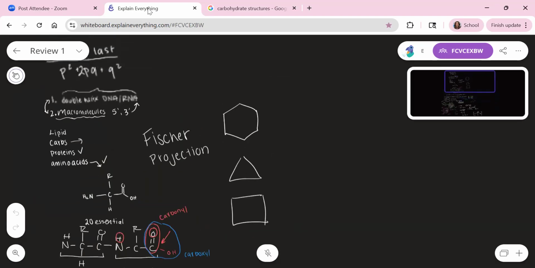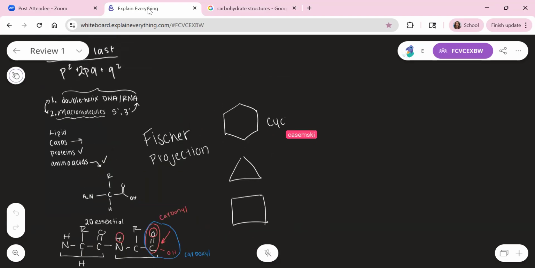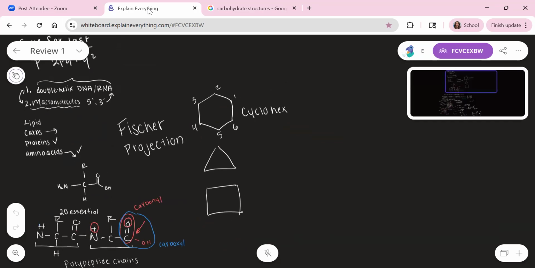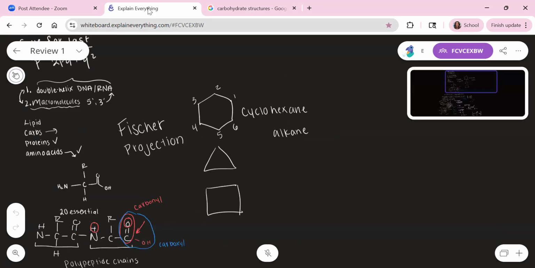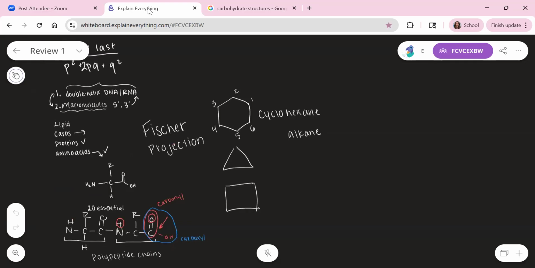So you'd say cyclo, and we have one, two, three, four, five, six, so it'd be hex. And because we have all sigma bonds, no double or triple bonds, we get ane, as in alkane. So we know that it's a cyclic molecule with 6 carbons and it has single bonds.